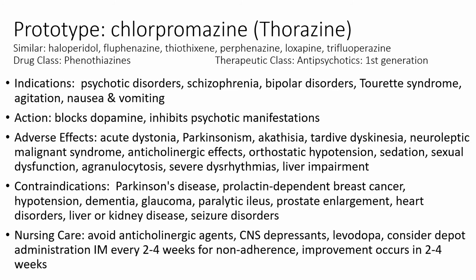So really, these are to block dopamine receptors. Okay, another concept that I want you to remember, because it's going to make the adverse effects much easier, is when you block dopamine in the brain with a drug, you're going to increase acetylcholine levels in general. Okay? And when you do that, you get a lot of these side effects.